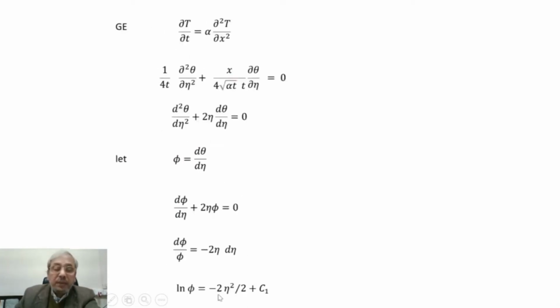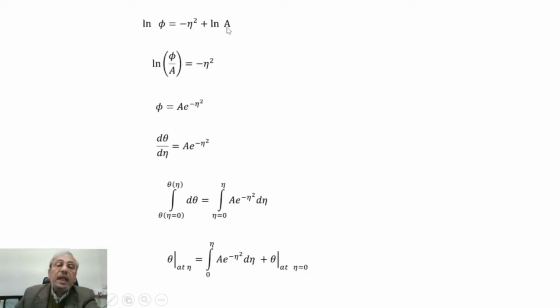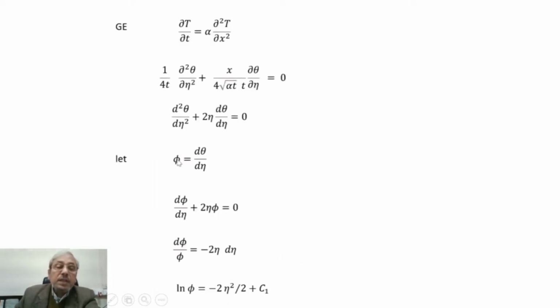Instead of C1, we are writing basically ln A. So we can write ln(φ/A) equal to minus η², which gives us φ equal to A e to the power minus η². And our original substitution was φ equal to ∂θ/∂η.